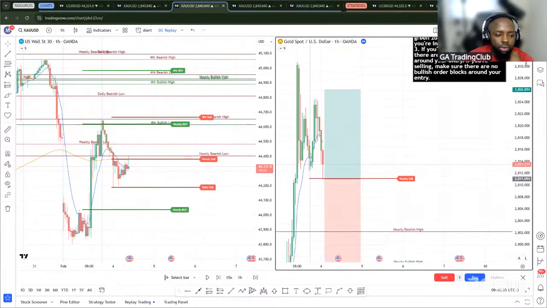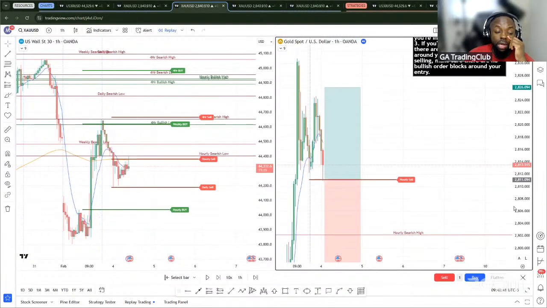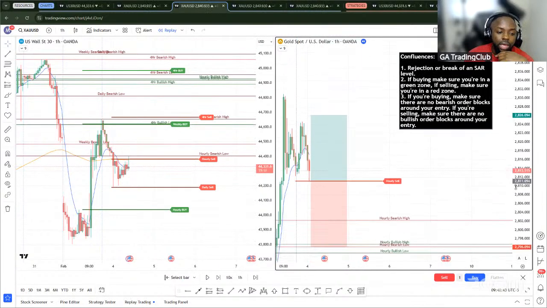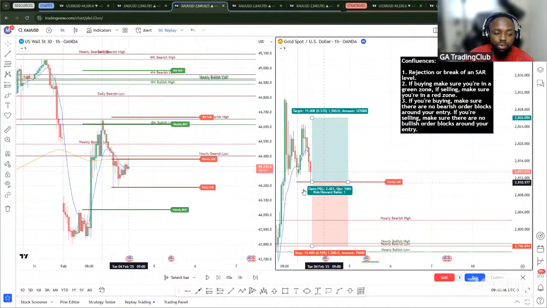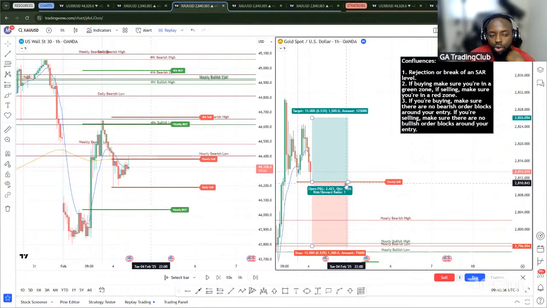Here we had this SAR level that was created at 2811, so the 2,811 price point for gold. So that's confluence number one, right? We've already had a level that's been created. We've had the first candle to interact with that level. It rejected above it and closed above it. So here you'd be looking for a buy.